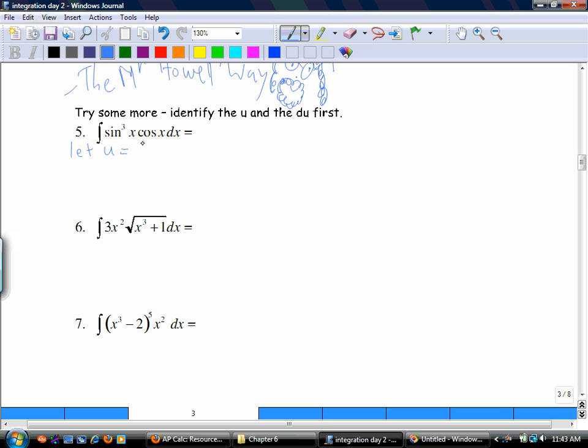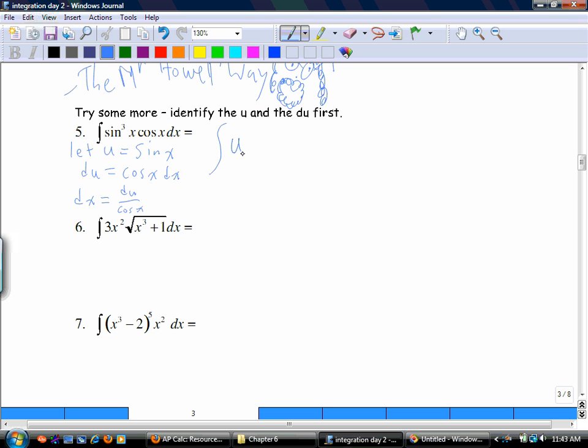Sine x. Okay? Because du is going to be equal to cos x dx, which means that dx is going to be replaced with du over cos x. Sine cubed x, when I'm replacing this with u, u is just sine x.